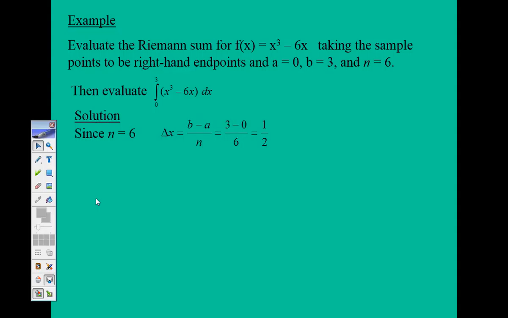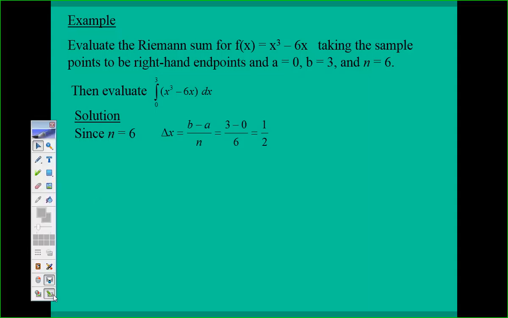Now, to find the width of each one of these rectangles, we're just going to take the length of the interval. If we have some function here from a to b, we're trying to find the area under the curve, we're going to take the length of this interval and divide it by the number of rectangles.